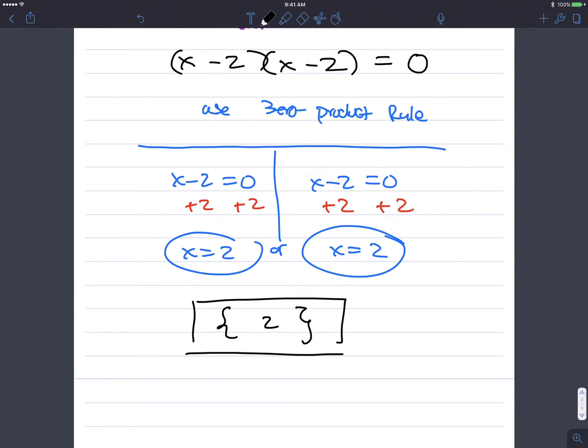Does anybody know why? Both are x, yes, but more importantly, what's the value of both? The same value, right? So 2 is the same as 2. This is a list.